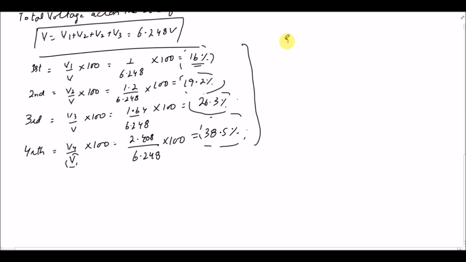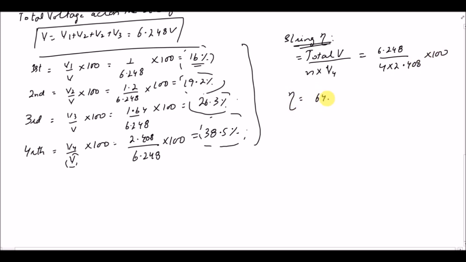For the second, we have to find the string efficiency, and the formula is the total voltage across the string over the total number of insulator discs into the voltage V4 which is closest to the conductor: 6.248 over 4 into 2.408 into 100, and the efficiency will be 64.86%.